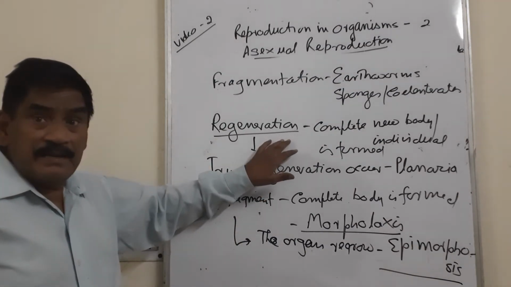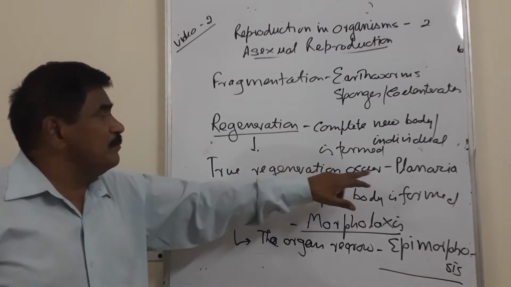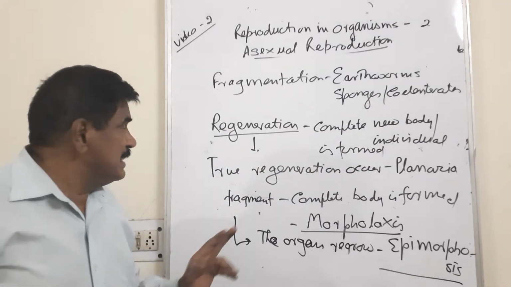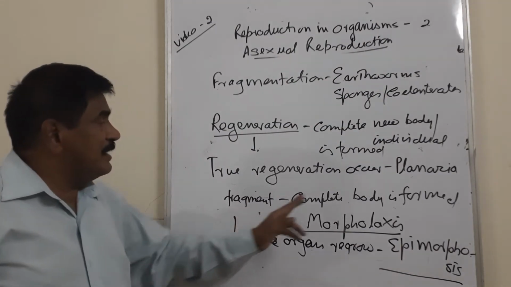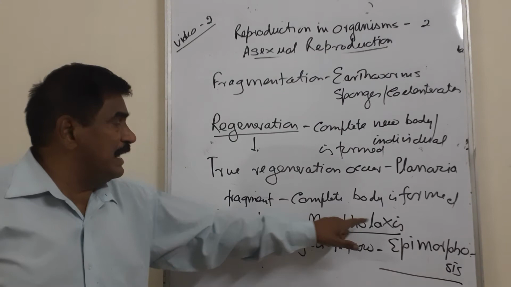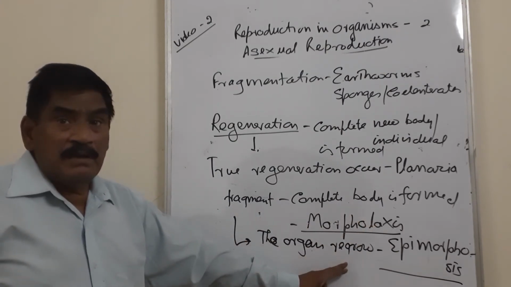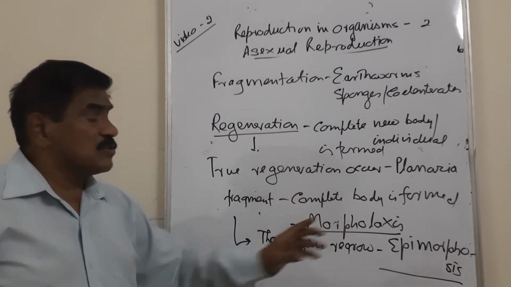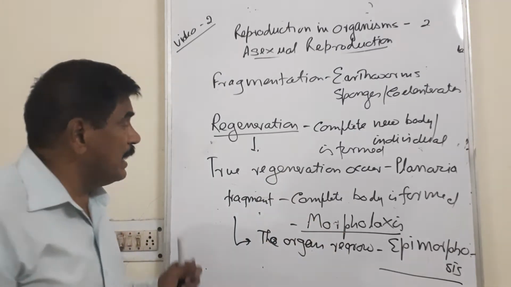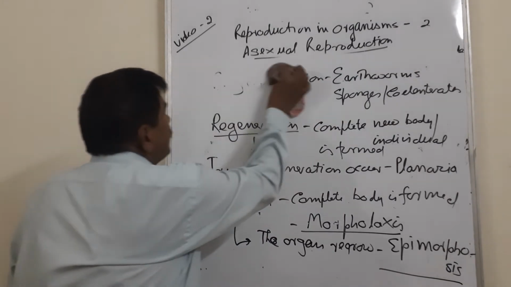True regeneration is found in planarians. When fragments develop into a complete body, the term used is morpholaxis. If an organ regrows from the fragment, it is called epimorphosis.